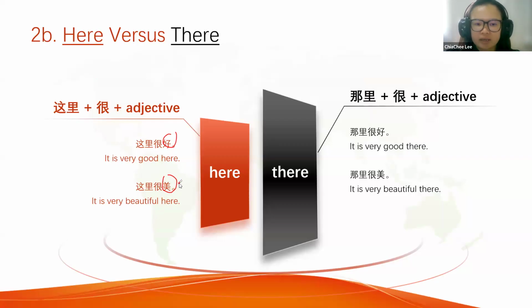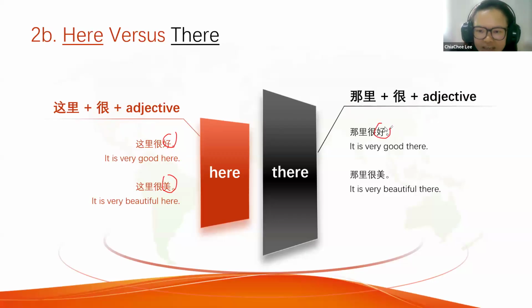If you want to say the place is so messy, you can say 这里很脏, as in sangat kotor. Or 这里不整齐. You just put in the adjective. Like noisy: 这里很吵. Noisy is 吵. And then we want to refer to 那里很 plus adjective.